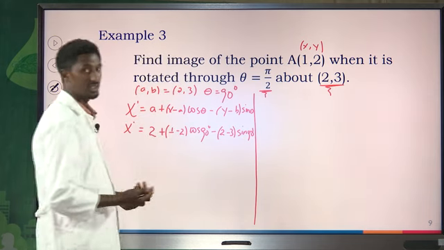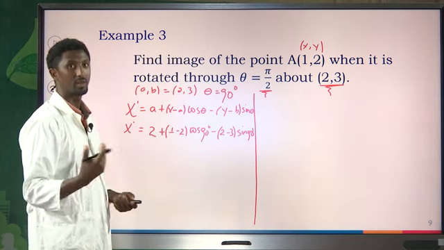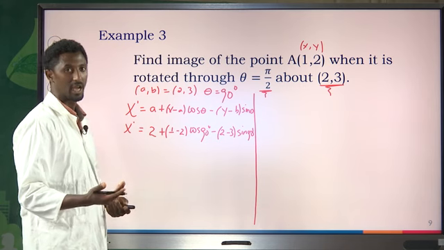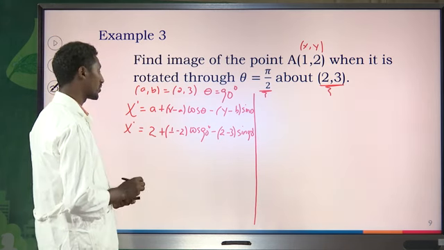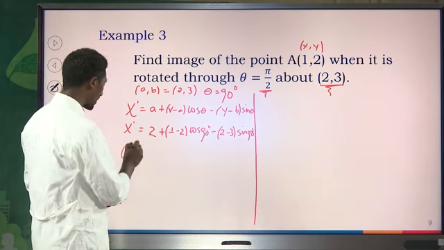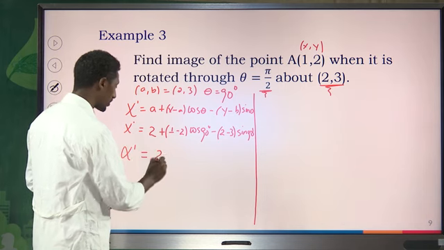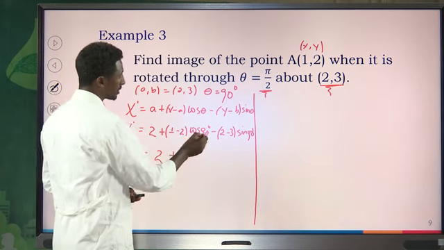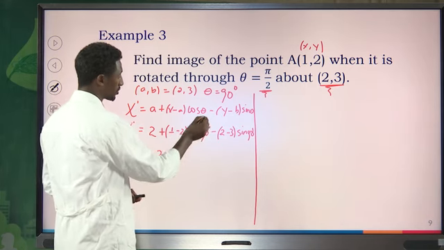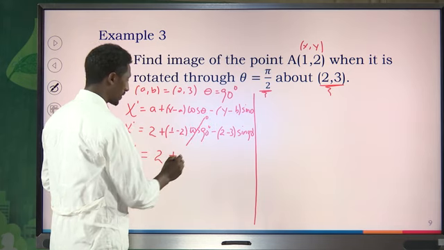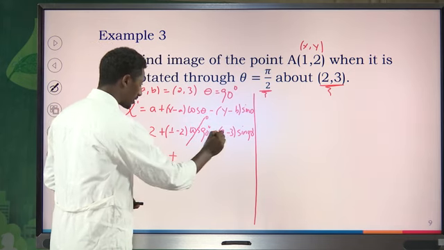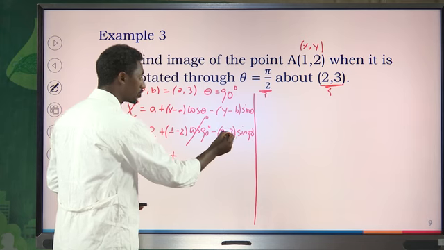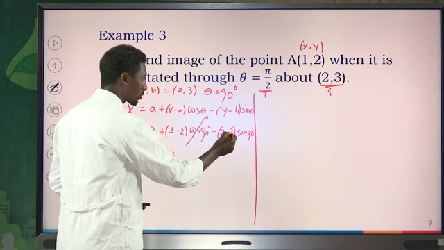It's easy to find x prime because sine of 90 is 1 and cos of 90 degrees is 0. So x prime equals 2 plus, cos 90 degrees is 0, so this is 0. Then here we have 2 minus 3, that's minus 1.